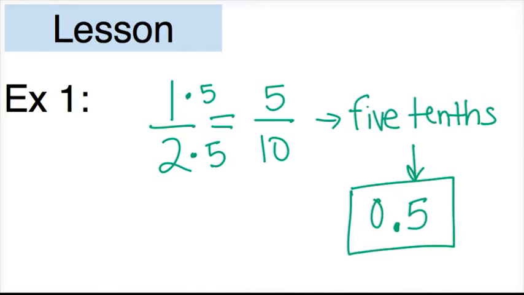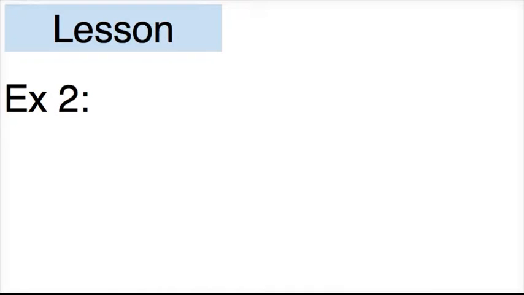Let's look at another one. Example number 2, 7/25. So now we need to think, can I multiply 25 by something that will get me a power of 10? 10 won't work, it's too small.